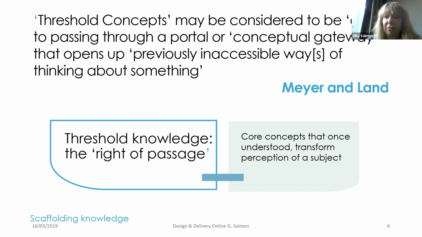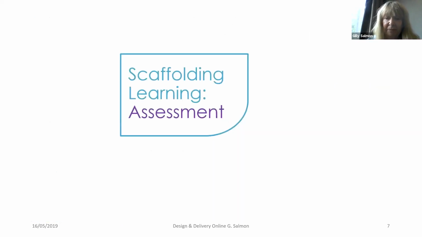And so it's quite different from thinking about a learning outcome or a graduate attribute. So I'm going to try and describe to you a little more what these might actually be.